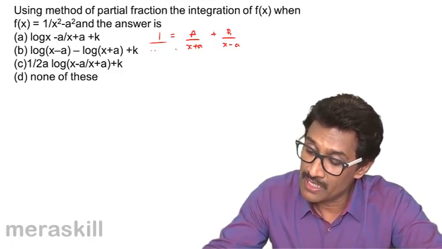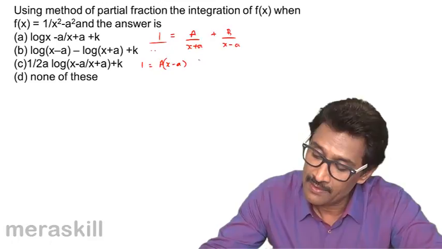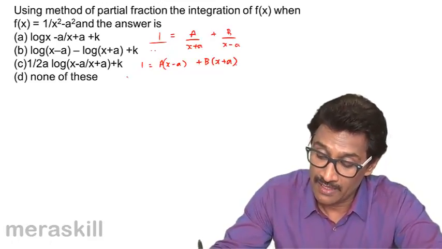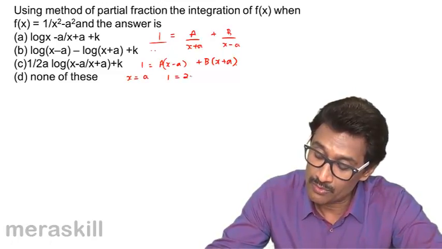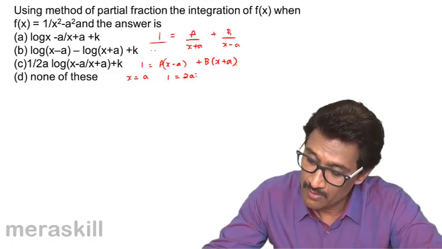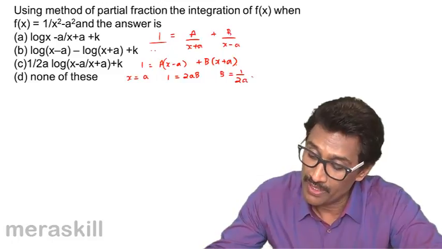So it's eventually 1 is equal to A into x minus a plus B into x plus a. Let x be equal to a. In that case, 1 will be equal to 2aB. So B will be equal to 1 upon 2a.